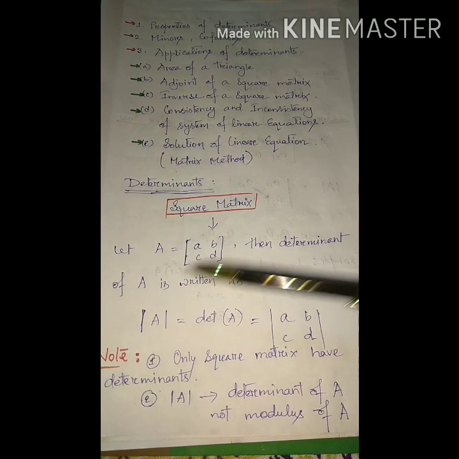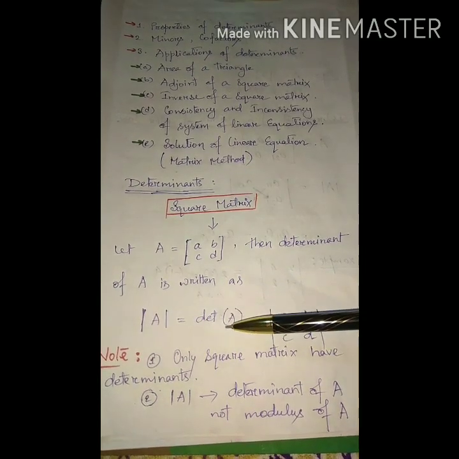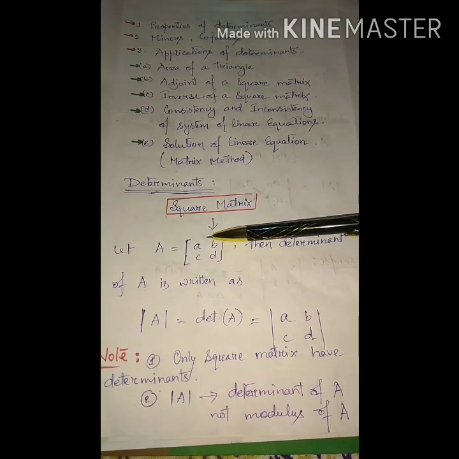Is it clear? This determinant of A we also represent like this, and the symbol is this one. This one is not modulus, it is the symbol of determinant. That is the difference between matrix and determinant.